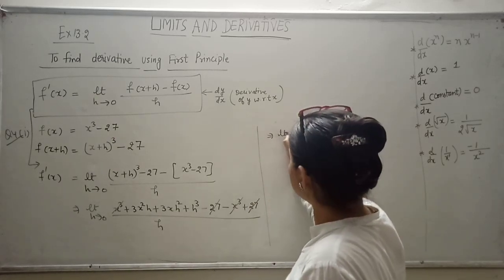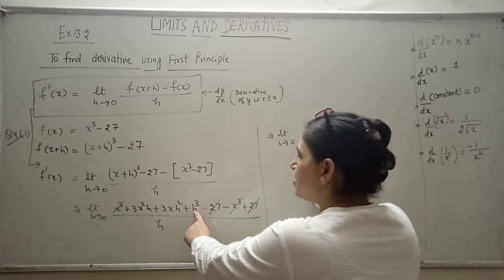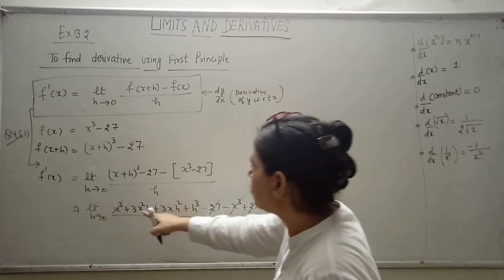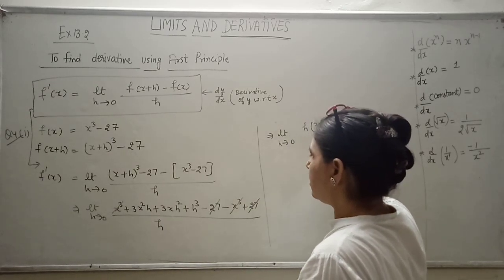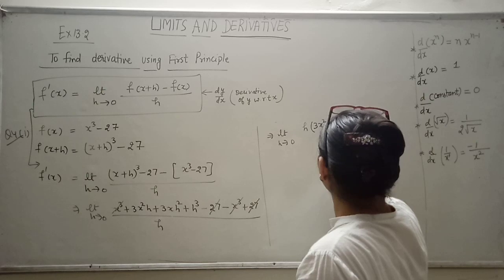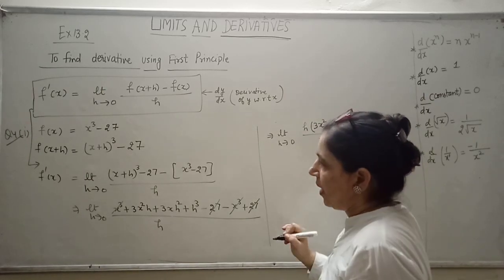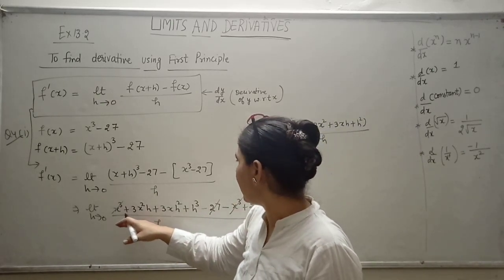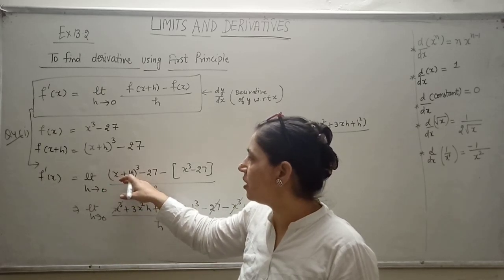That is limit h tends to 0. Whatever is left, this and this, you can see h is common in them. So take this h common. So you are left with 3x square plus 3xh plus h square upon h. Why did we expand it? Why didn't we use the value of the limit here directly?